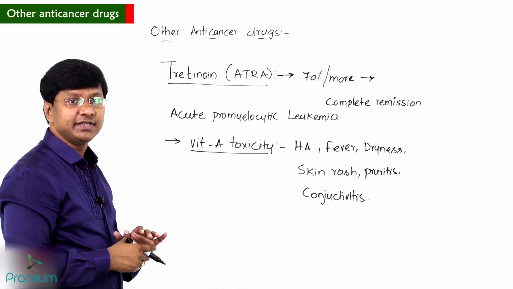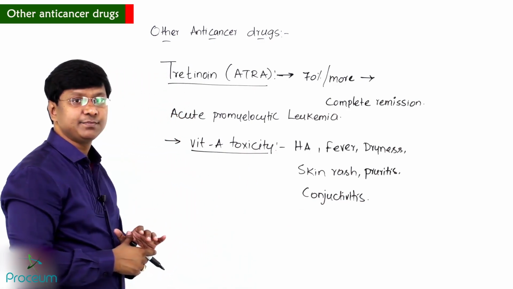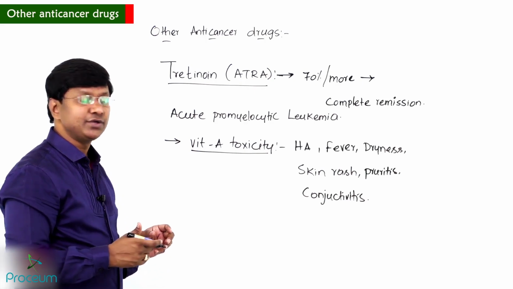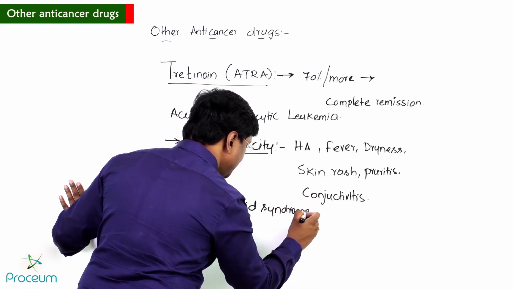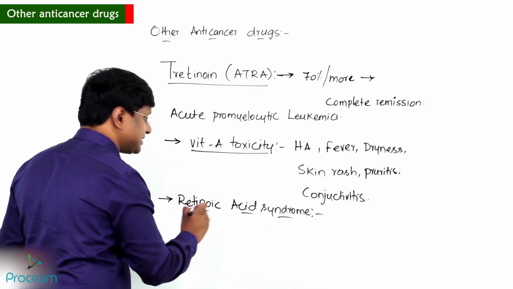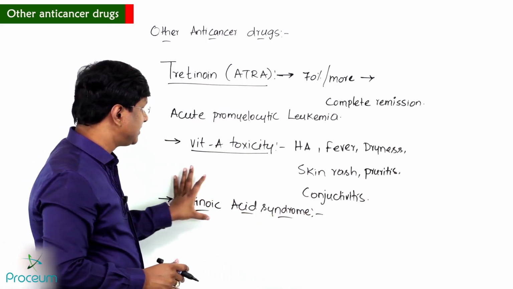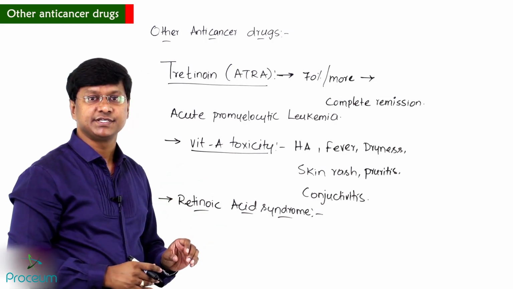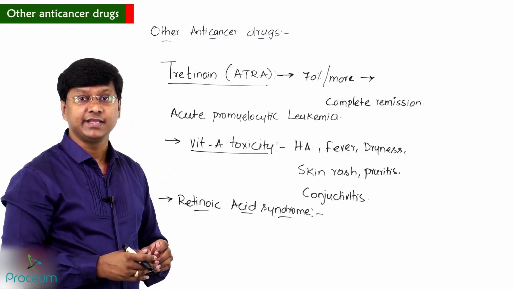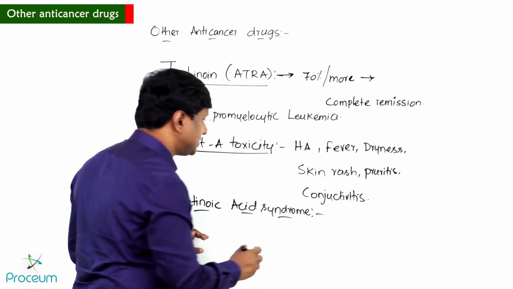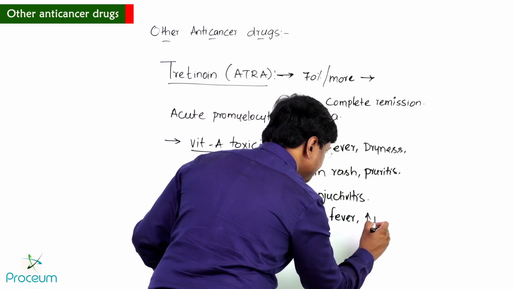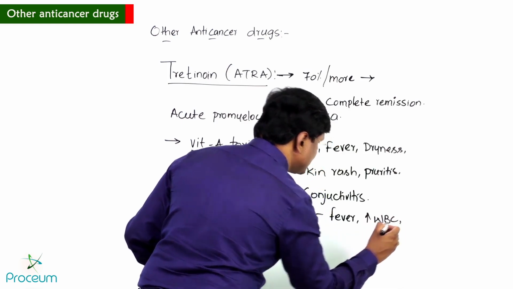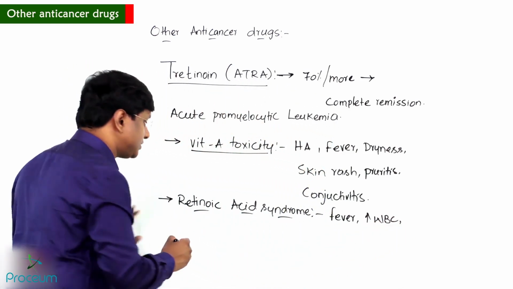Now, apart from vitamin A toxicity, we have another important adverse effect, that is retinoic acid syndrome. The features of retinoic acid syndrome mainly include fever and leukocytosis, that is an increase in the WBC count.